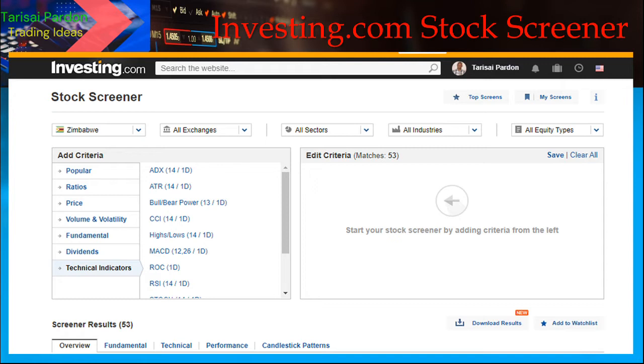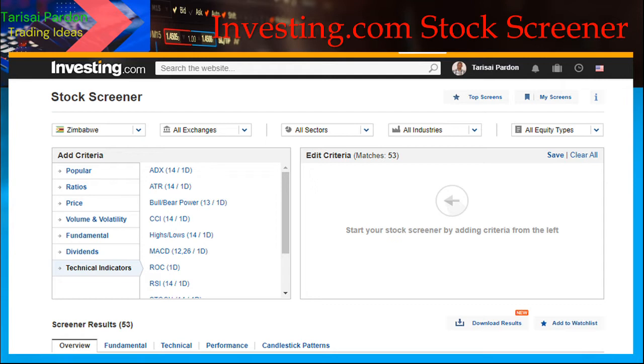When we look at another example from the same site, on technical indicators you would see that we have information related to ADX, ATR, highs and lows, MACD, RSI, and other technical indicators.